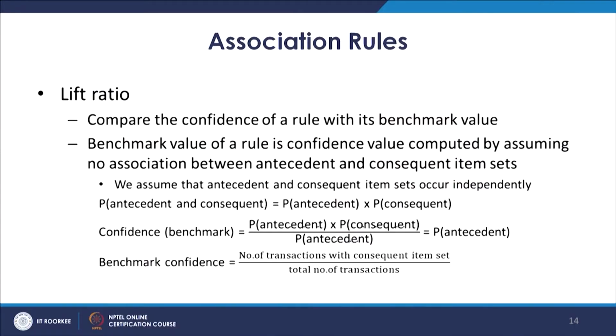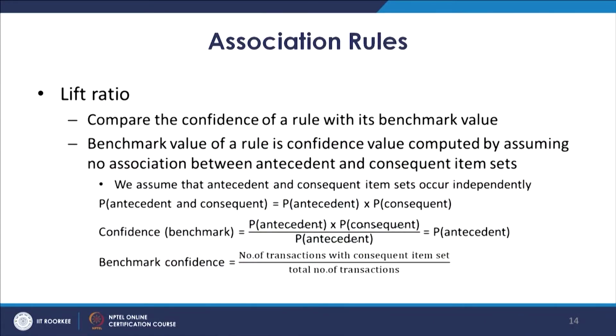In the numerator we will have the probability of antecedent multiplied by the probability of consequent, and this whole expression is divided by the probability of antecedent. In the end we get the probability of consequent. So the benchmark value of confidence is nothing but the probability of the consequent happening. This benchmark confidence we can rewrite as the number of transactions with the consequent item set divided by the total number of transactions.